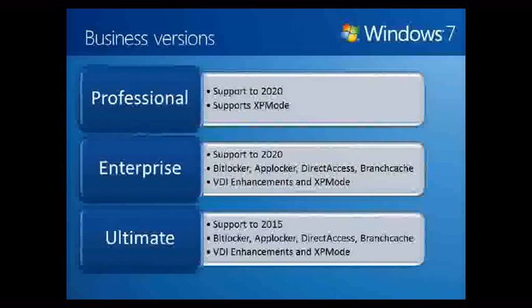But if you want some of these features I talked about, like BitLocker, AppLocker, Direct Access, BranchCache, things like XP Mode and VDI enhancements, then you need to be using Enterprise or Ultimate. I know a lot of customers who rolled out Professional, wanted to then do BitLocker, and realized they can't. So I'd certainly look at the versions before moving ahead with these, if you haven't already.